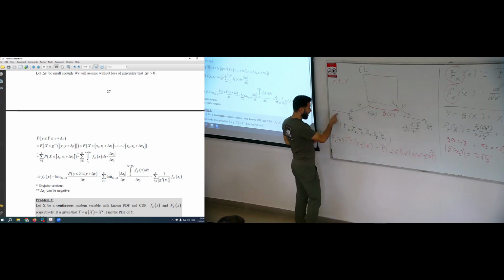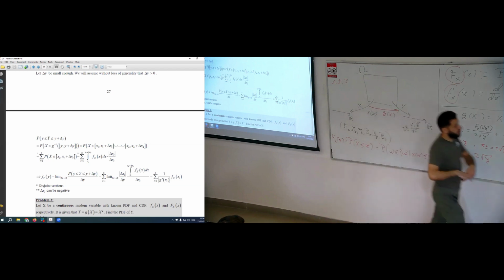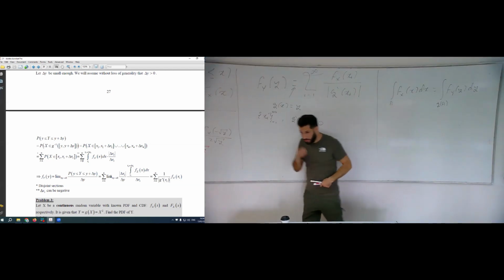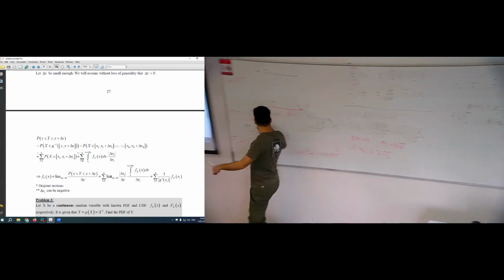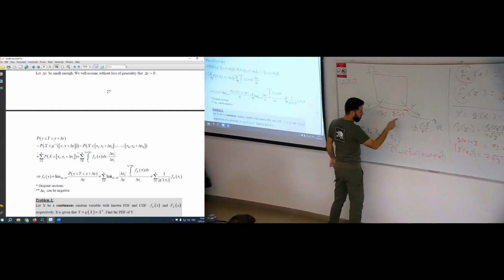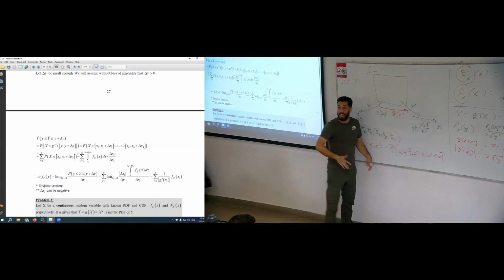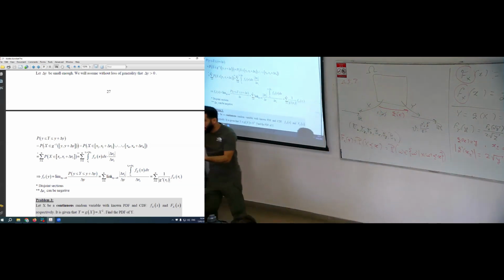So if I take some region here, which is called A, and integrate over that region, and I take the image of A using g, and I integrate over this region, it's the probability of the same event. By definition. All of you understand this?